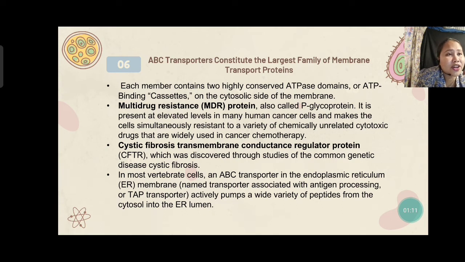Thus, in most vertebrate cells, an ABC transporter in the endoplasmic reticulum membrane, or the ER membrane, actively pumps a wide variety of peptides from the cytosol into the ER lumen.